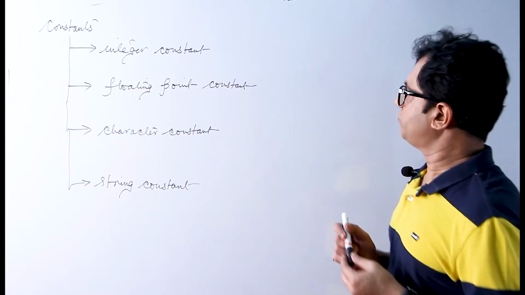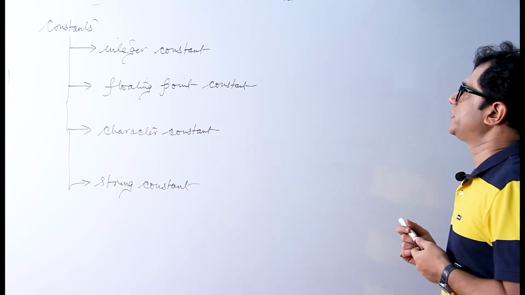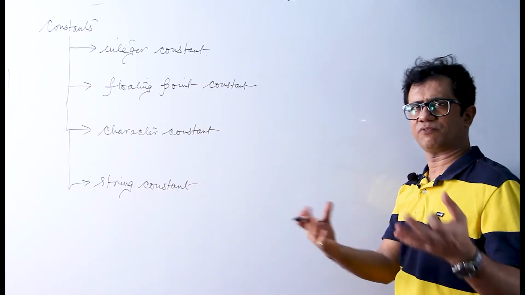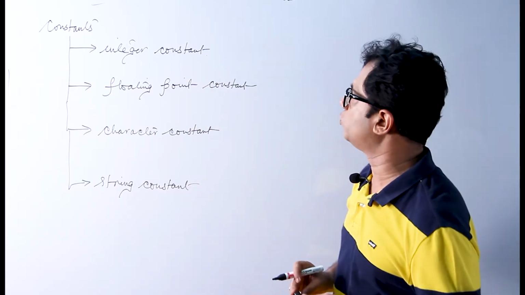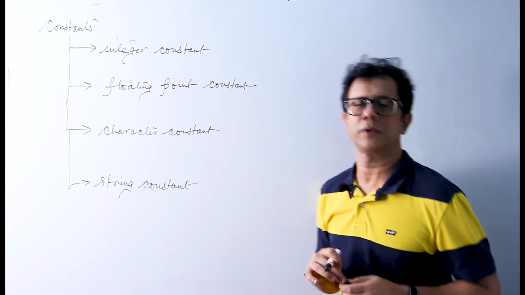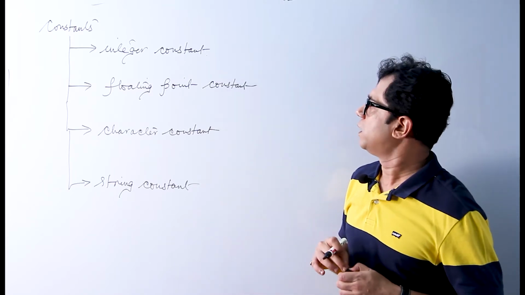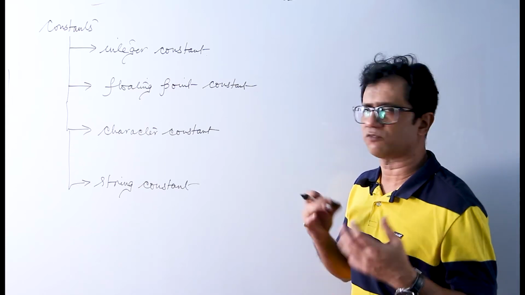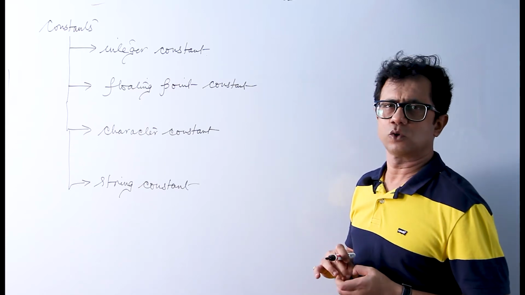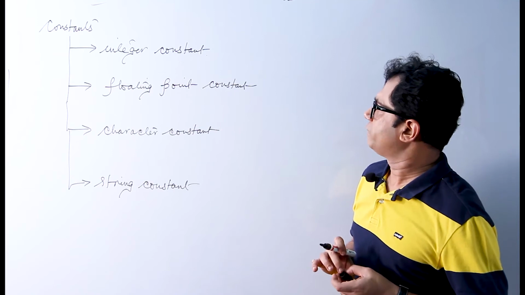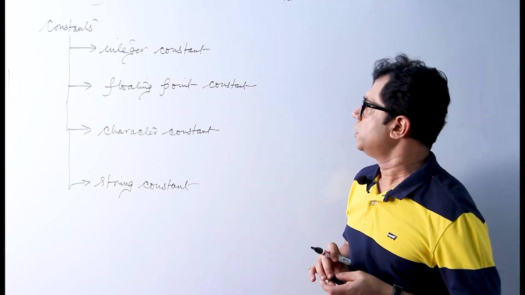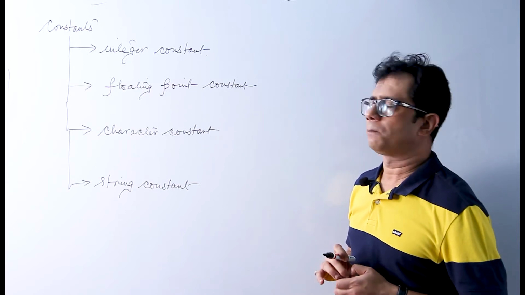So let's come to the first constant, that is integer constant. What is an integer constant? An integer constant is any numeric value used in the C programming language which never changes its value during the execution of the program, and which does not contain a fractional part.